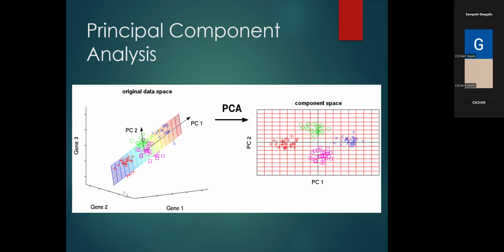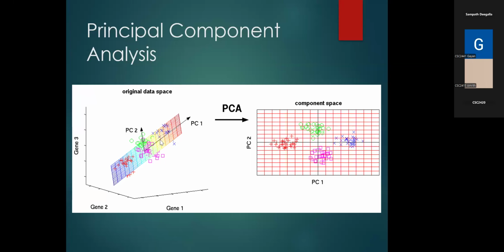In this particular example, you have a three-dimensional graph, and you will see some data sets with class labels. If you look carefully, you will see there are four classes. Principal components look at data variances. That's why I said we have to create a covariance matrix. It looks at the variances.